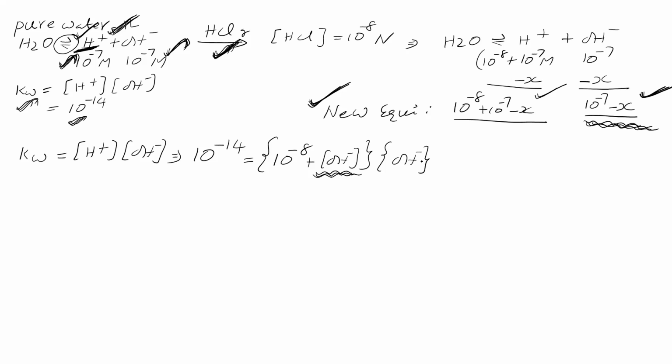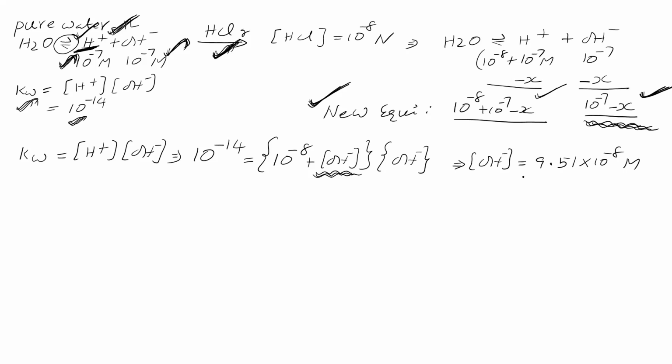We will get the concentration of OH minus from this. Concentration of OH minus is equal to 9.51 into 10 to the power of minus 8 molar. So we got the concentration of OH minus.